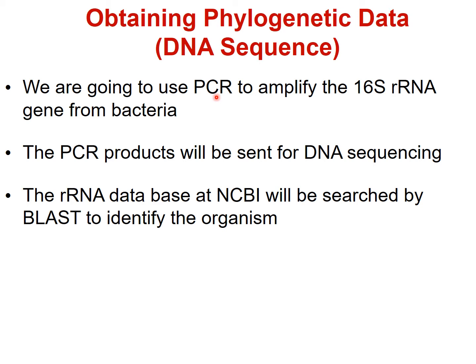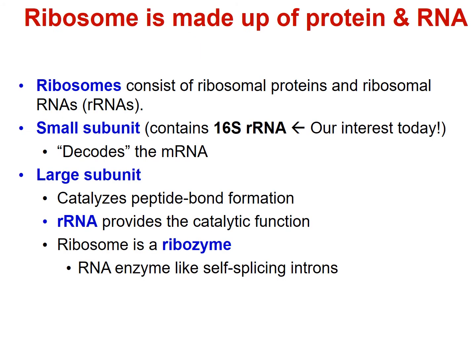So we're going to use PCR to amplify the 16S ribosomal RNA gene. These PCR products are going to be sent out for DNA sequencing, so we're not going to do it ourselves. We'll get the data back in a couple of days, and then we'll take that data and use a BLAST database for ribosomal RNAs.